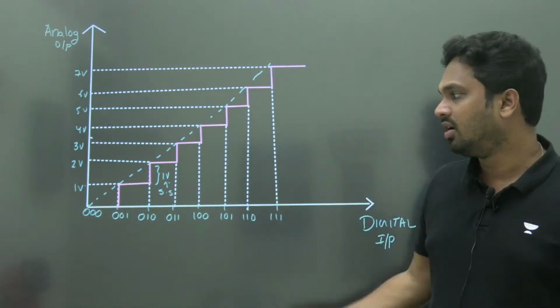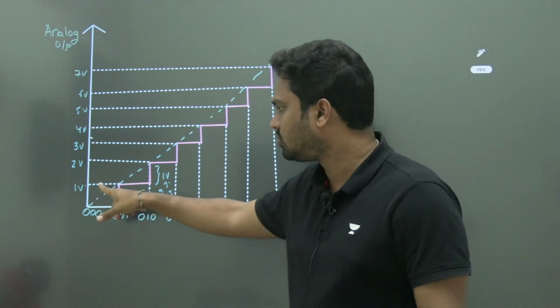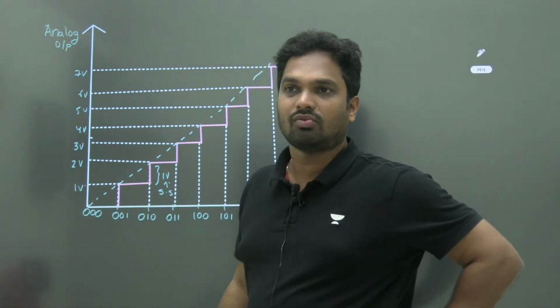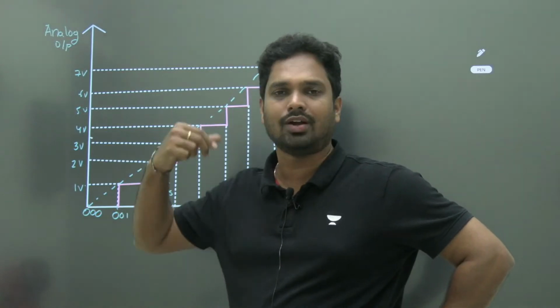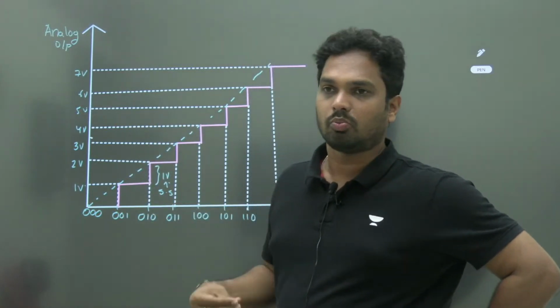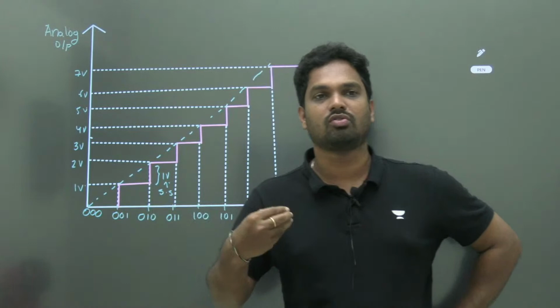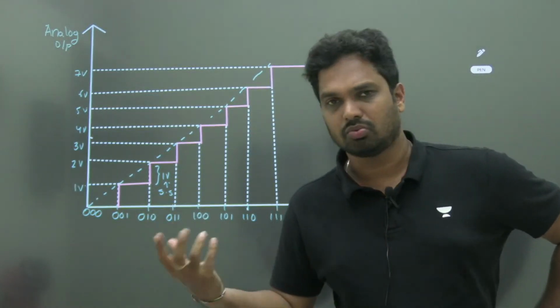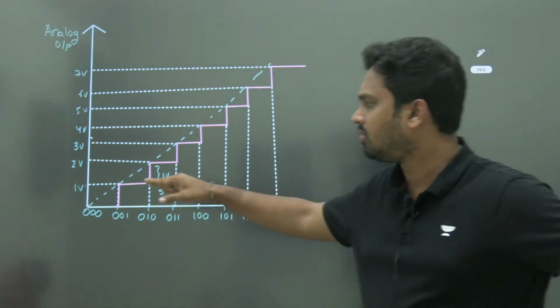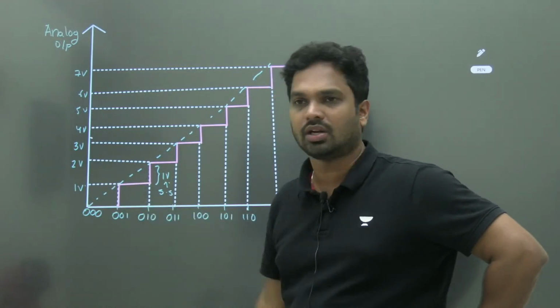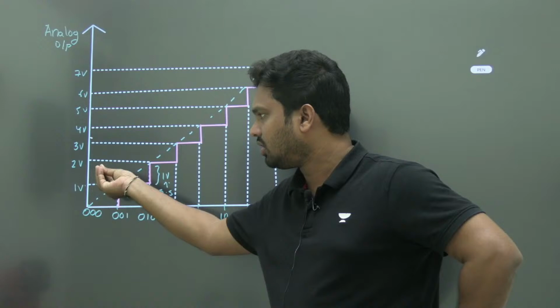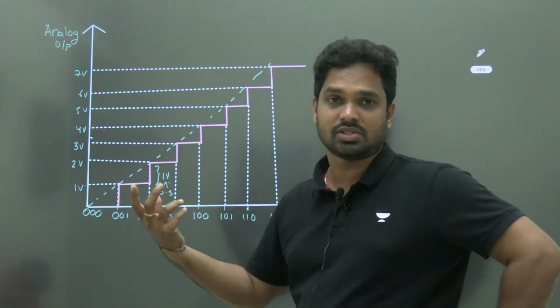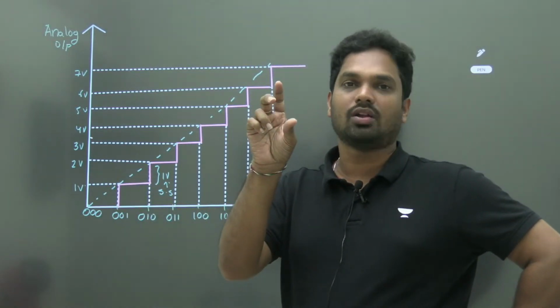For example, if the resolution here is 1 volt, what is the disadvantage? When the input is in the range of 0 to 1 volt, it will be represented as 1 only. 1 to 2, it will be represented as 2. So 1.2, 1.3, 1.4, 1.5, 1.6, 1.7. Maybe you may use a different scheme, where 0.5 to 1.5 I may represent as 1. But see here, suppose your input is 1.7. I represent it as 2. A 0.3 error will come.